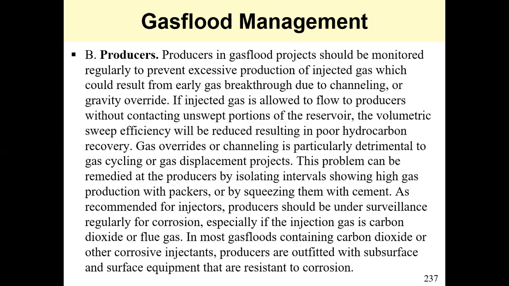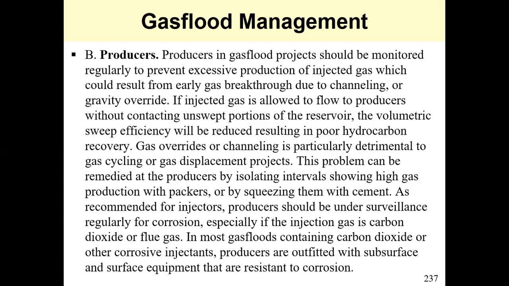And then, of course, you have gas override and channeling. This problem can be remedied at producers by isolating intervals showing high gas production with packers or squeezing them with cement. Basically, you're just shutting out problematic zones which are producing your injected gas preferentially, as opposed to your oil or your desired reservoir fluid.